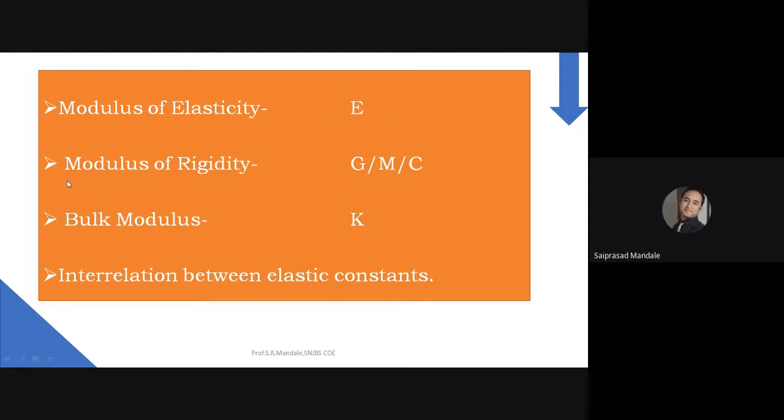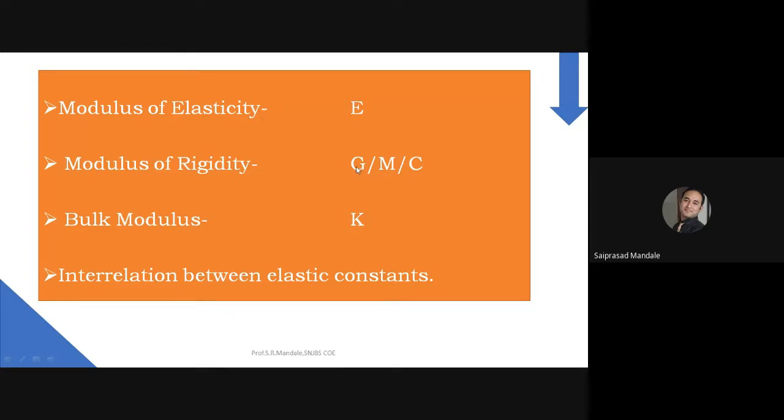Now today we are looking at modulus of rigidity, bulk modulus, and the interrelationship between these three constants. Modulus of rigidity is denoted by G, but in some books it is also denoted by M or C. As far as our lecture is concerned, we denote modulus of rigidity as G only.